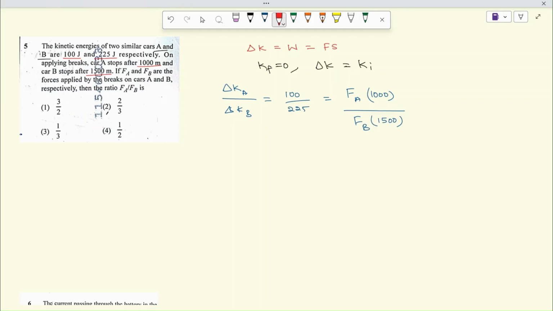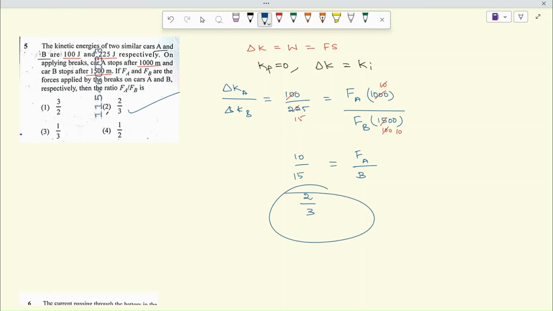Now simplify this thing. 100 and 1000, 10 times, 225, 15 times, and 100 times here, and again this one you can cancel it as 10 times. So what is remaining? FA by FB is equal to 10 by 15, which is 2 by 3. So answer is this, 2 by 3, second option.